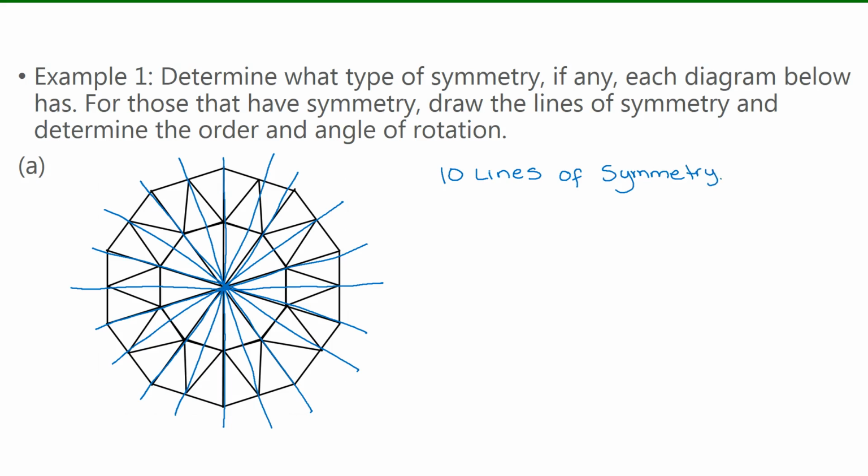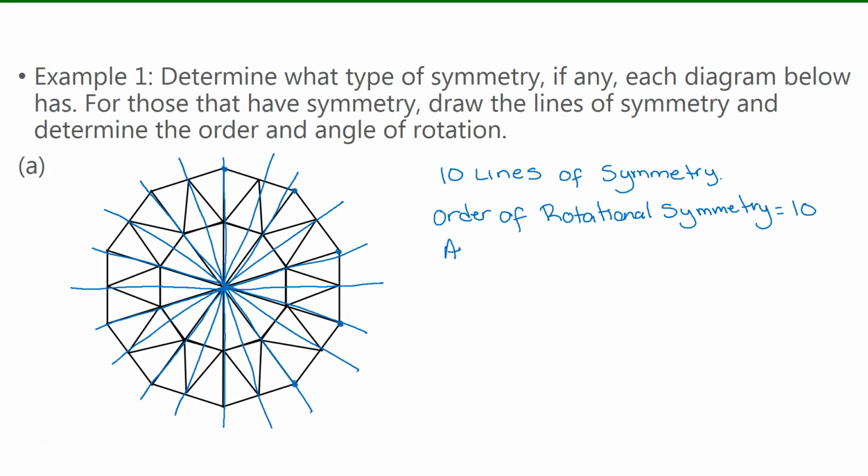Now looking at this shape, you can see that it also has rotational symmetry, and you can use your tracing paper to determine that it has an order of rotational symmetry of 10, 1 for every vertex in the shape.